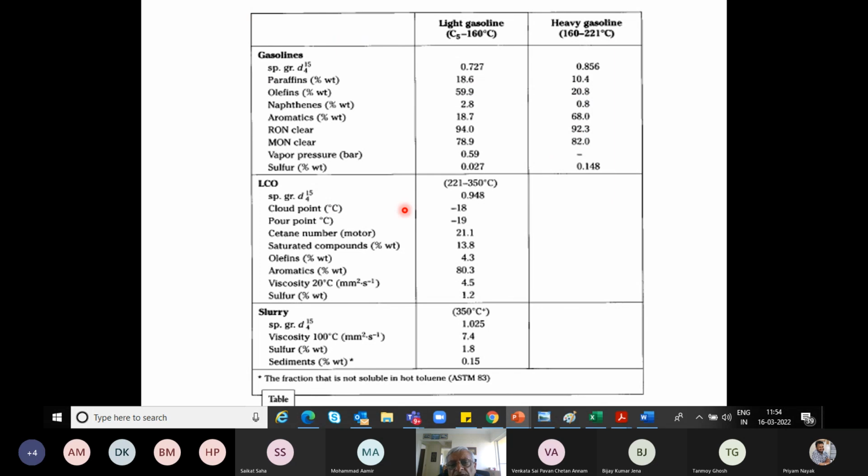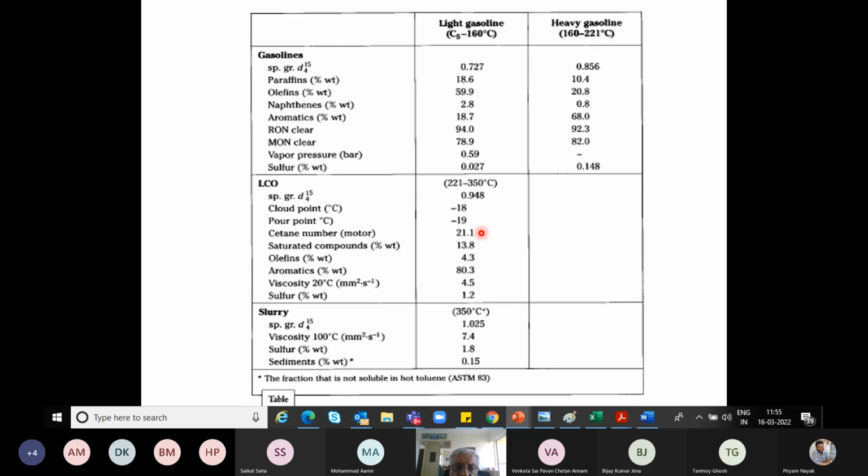Similarly, for LCO, which is our diesel fraction, everything is fine in terms of cloud point and pour point. It has some good cold properties, but the cetane number is low. If in a refinery there is a sufficient quantity of straight-run diesel of high cetane number like 51, 52, you could blend some part of this LCO into that diesel.